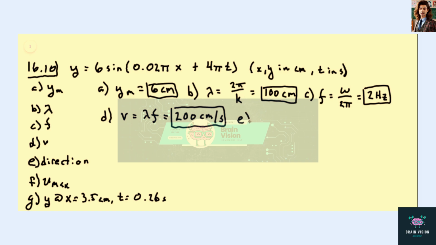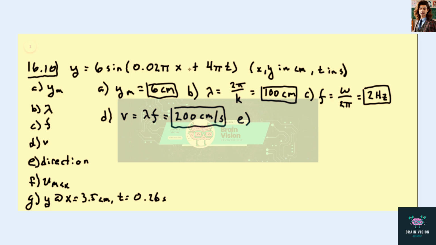Now the direction that this propagates, we know that for a wave propagating in the positive x direction, there's a negative sign in front of the omega t. And since this is reversed, you can convince yourself that it's going to be traveling in the opposite direction. So we have a positive omega t here.